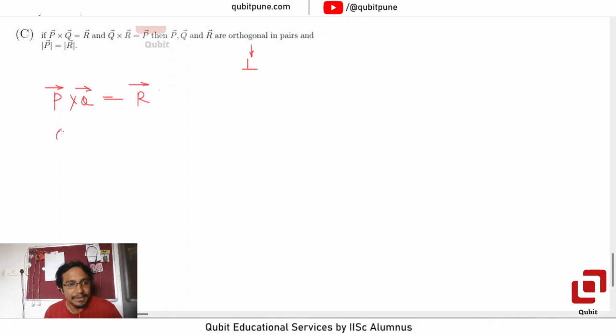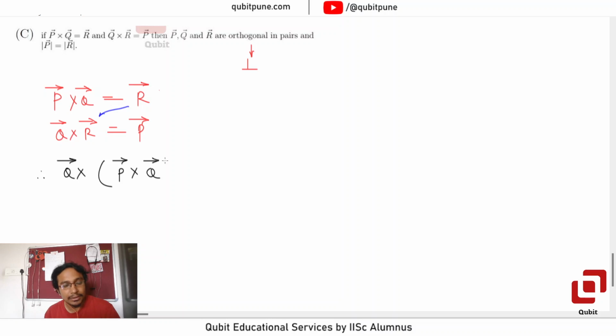And Q cross R is P. What can be done? Use this R here to see if we get anything. So Q bar cross P bar cross Q bar is equal to P. Okay.